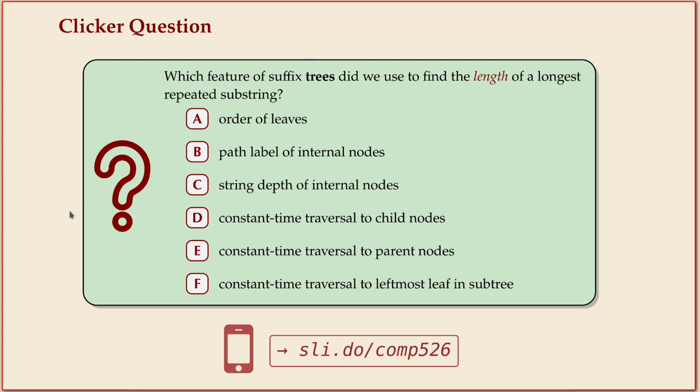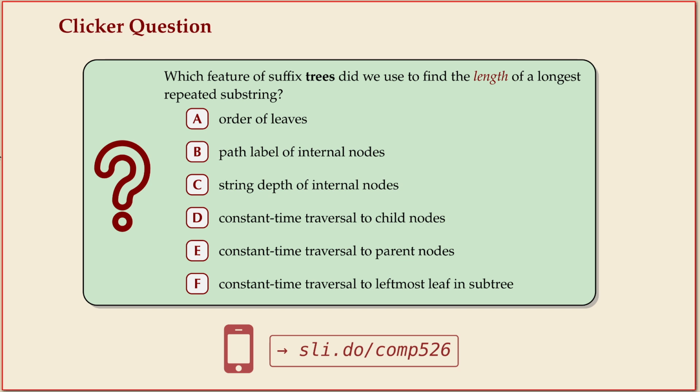And to motivate that, let me remind you, or ask you to remember, what we needed for the first of these more interesting applications, which was finding the longest repeated substring in a string.